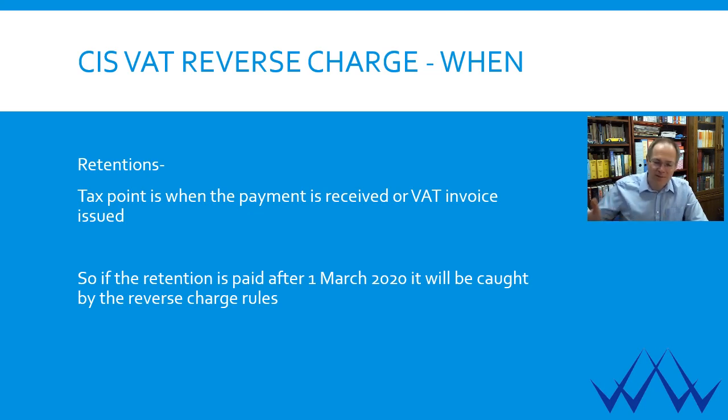But when it comes to the invoice in 2021, because it's a retention payment and it's after the 1st of March, then it will be caught by the reverse charge rules and no VAT will be charged by the subcontractor.